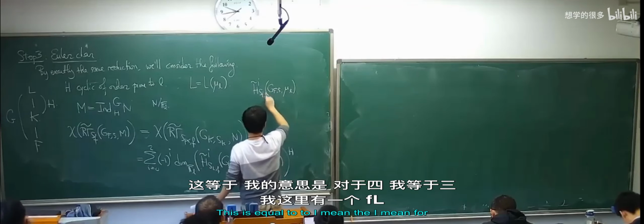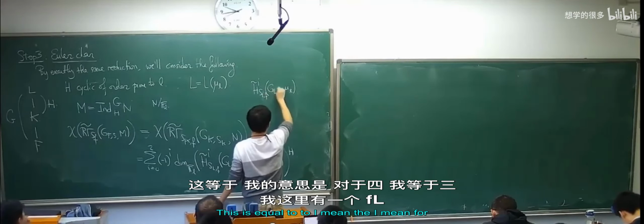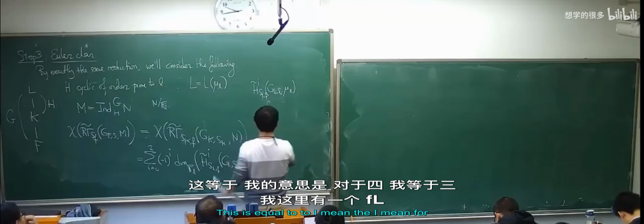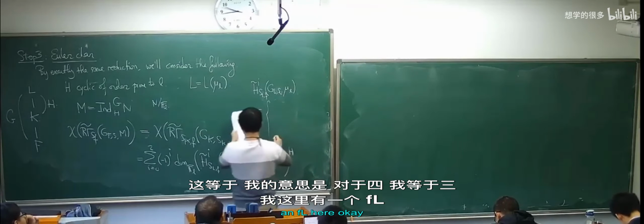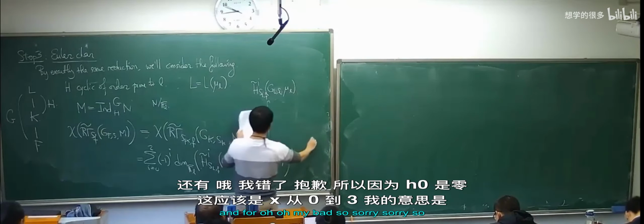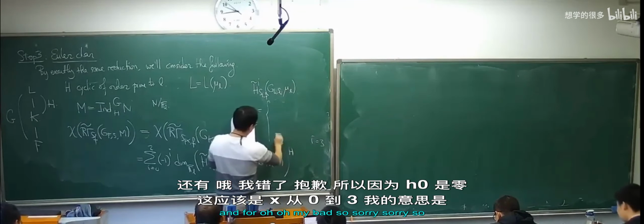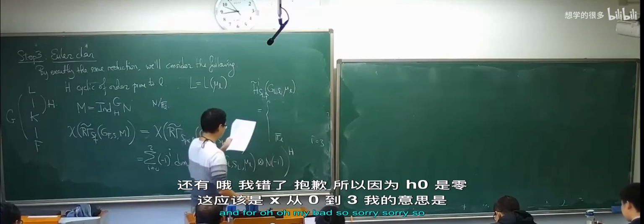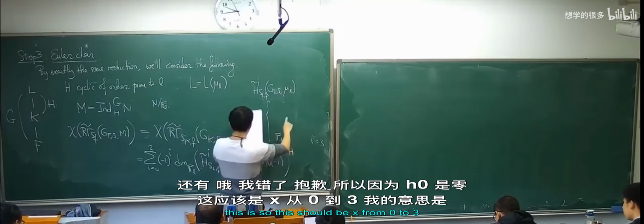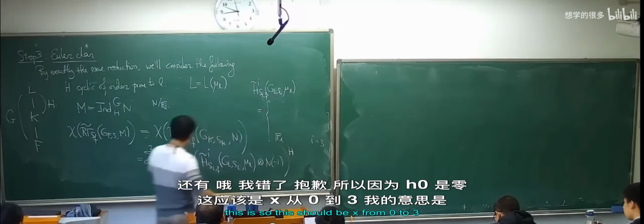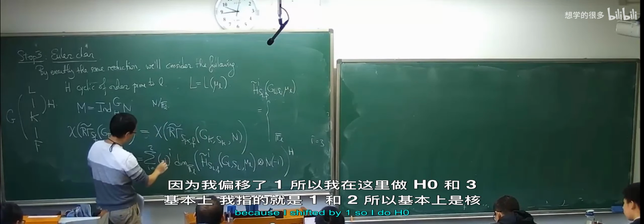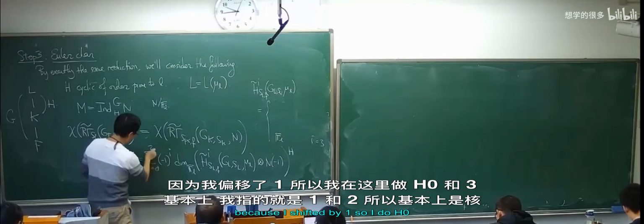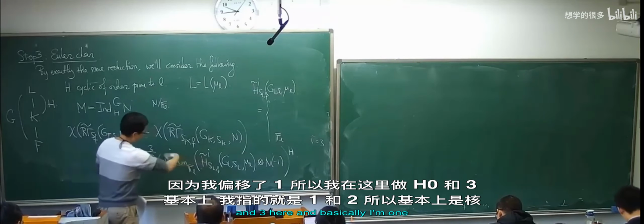This is equal to, for i equals 3, I have an F_L here. Okay? And for, oh my bad, so sorry. So this should be i from 0 to 3, because h0 is 0, because I shifted by 1. So I do h0 and h3 here.